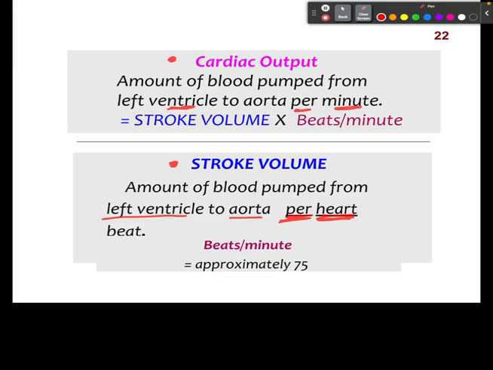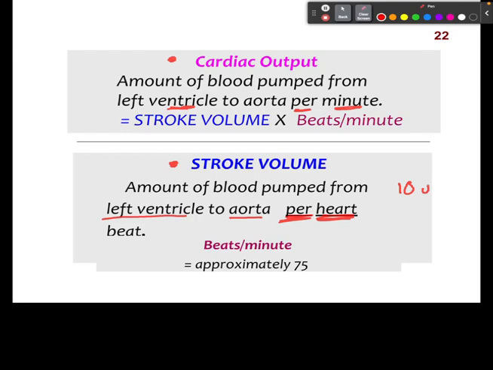Let's say, and I'm going to make this number up, the stroke volume in an animal's heart or a human's heart, I'm just going to give it a completely random value. Do not think that this is specific to a human at all. I'm just going to give you a nice round number. Let's say the stroke volume is 10 units of blood per beat.